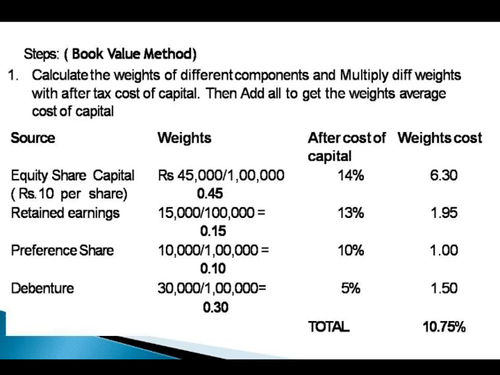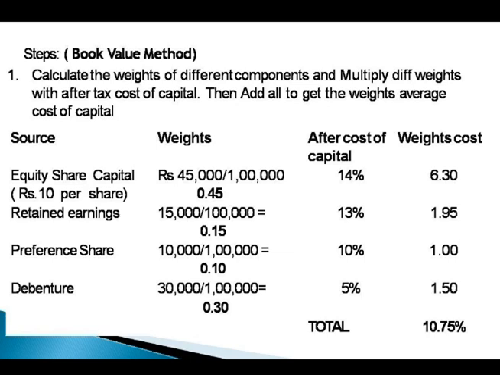Suppose in this table, first the equity share capital is 45,000, and if we add all these sources including equity, retained earning, preference and debenture, it would be 1 lakh. So what is the share of equity share capital? 45,000 divided by 1 lakh, so 0.45 is the share of equity share out of 1.